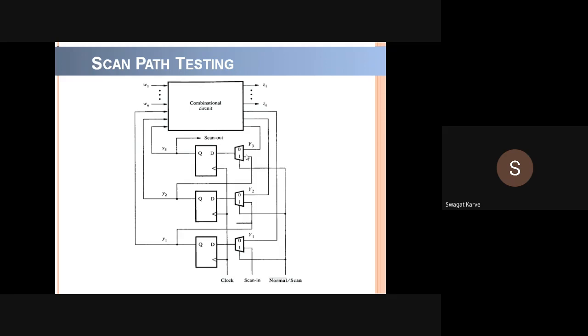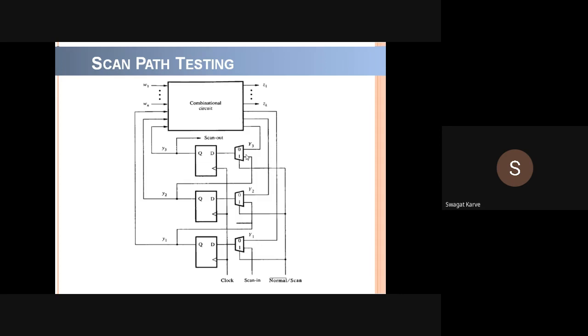You input data into that combinational circuit, and then scan out the data from that circuit, so that you can tally the data you inputted against the data you get after scan out. From that process you can easily find the fault.